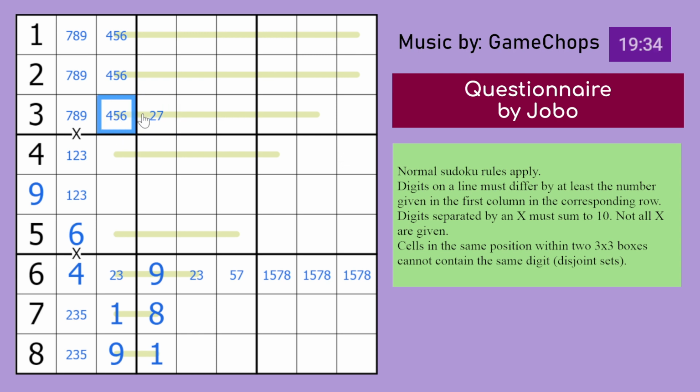Sorry, 4 and 5 are with 7, right? 6 is with 2. Wait, 5 is not with 7. 5 is with 2, sorry. 4 is with 7. 5 and 6 are with 2.